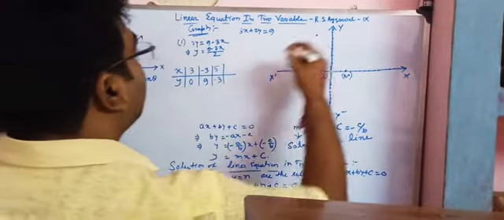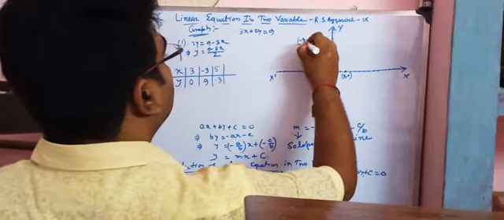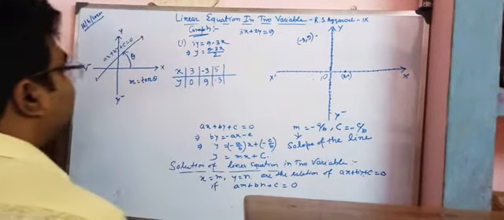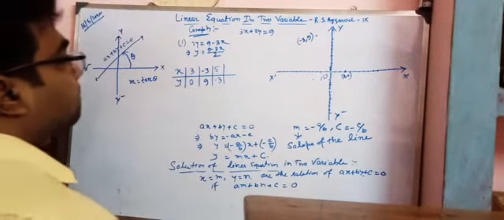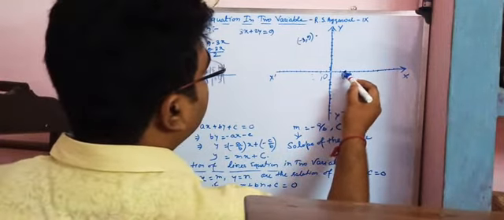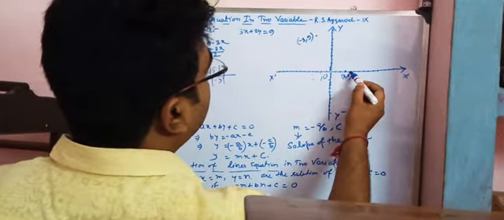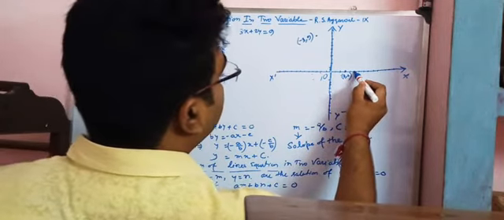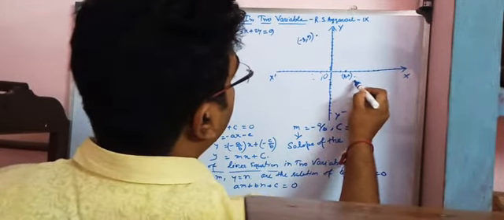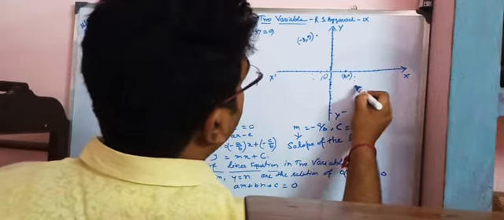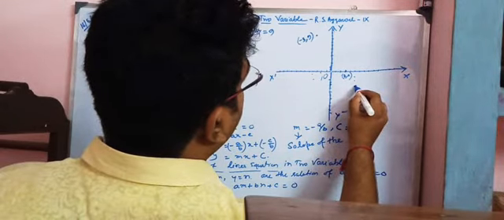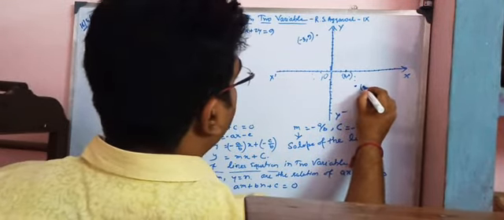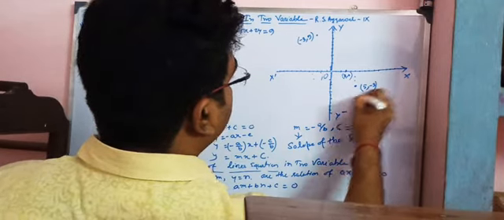So this is my minus 3 comma 9. Next 5 comma 3: 1 2 3 4 5. This is 5 comma minus 3. This point is 5 comma minus 3.